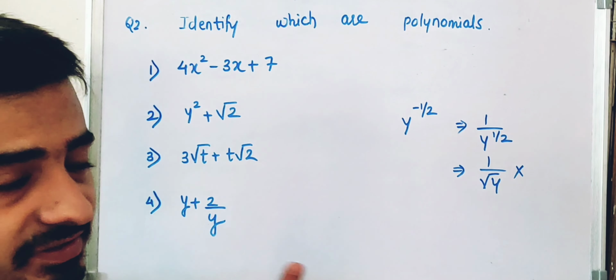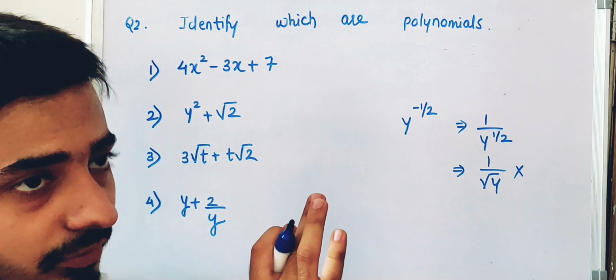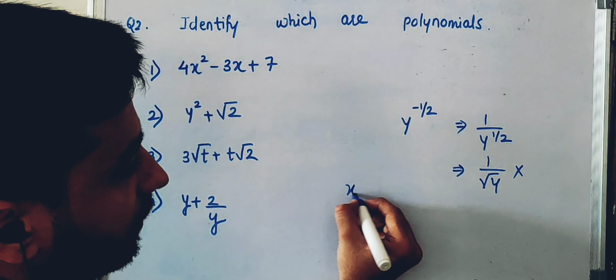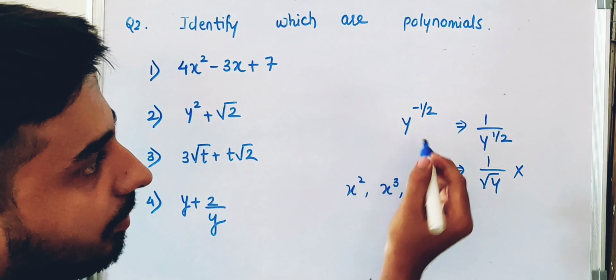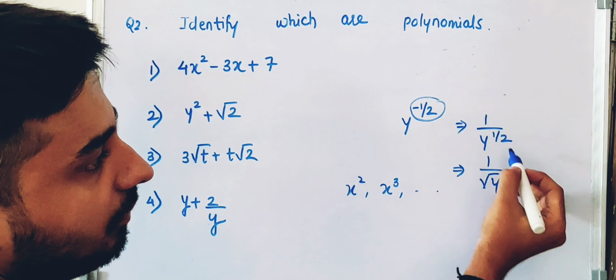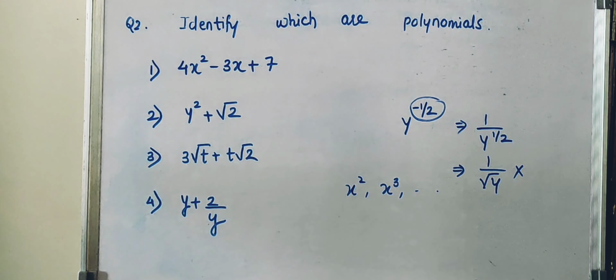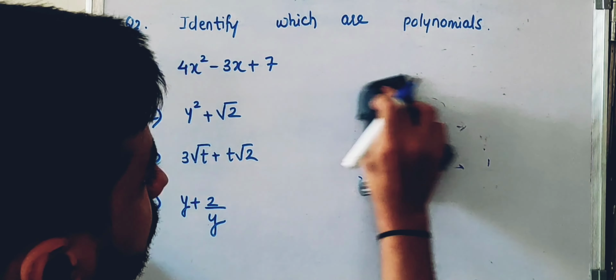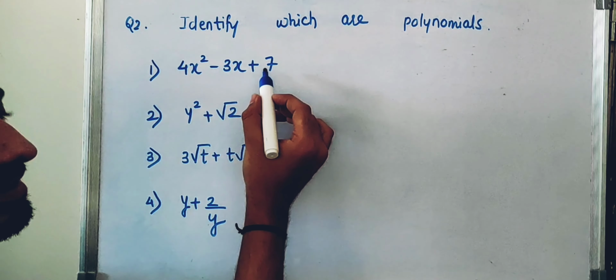Okay. What is the basic condition of a polynomial? The power must be in proper format, like x to the power 2, x to the power 3 and so on. The power must not be negative or in the form of fractions. So what is the first question? The first question is 4x square minus 3x plus 7.